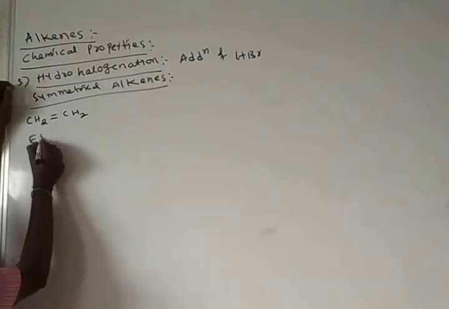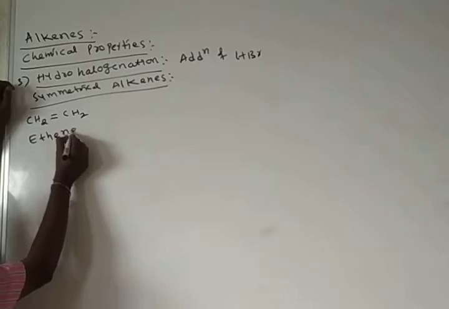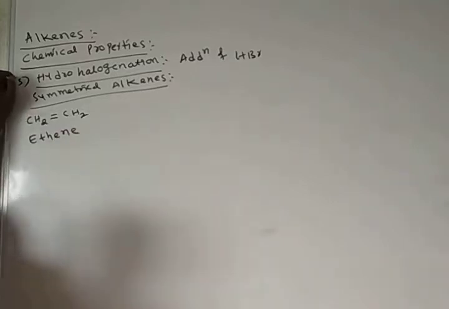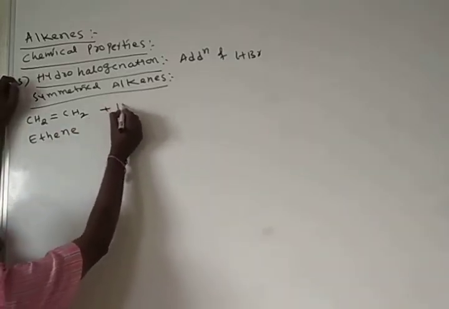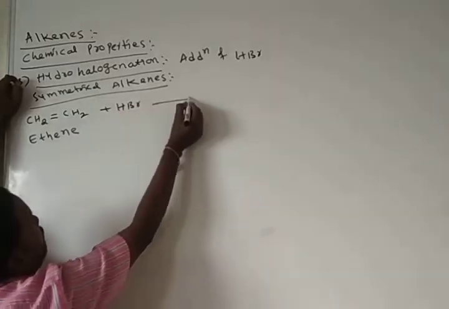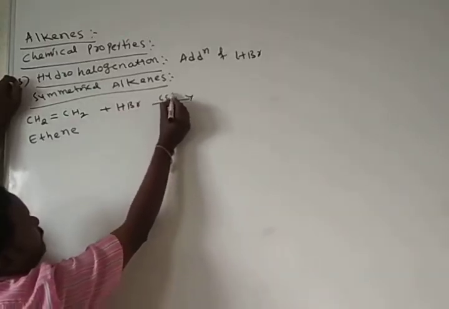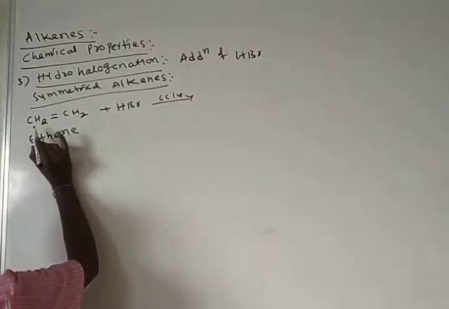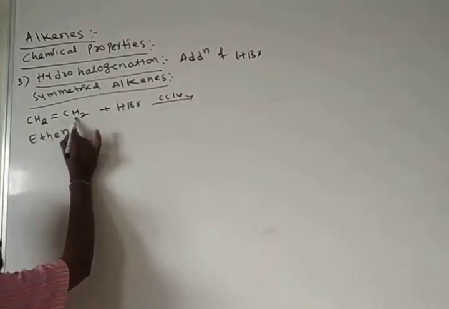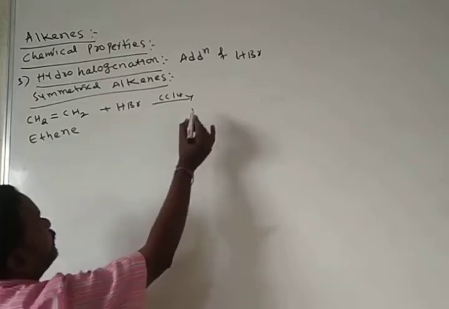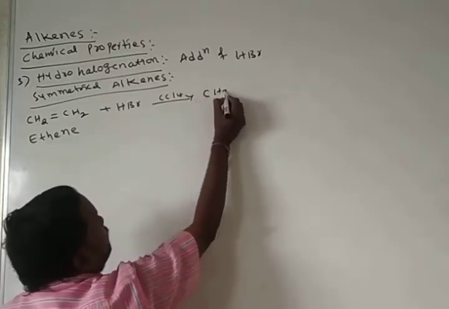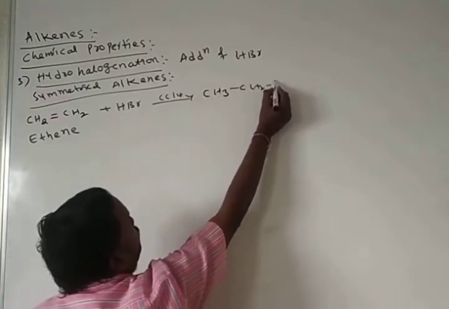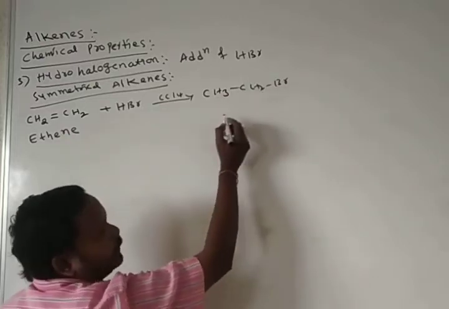The IUPAC name of this molecule is ethene. Add here HBr in the presence of carbon tetrachloride or any other solvent. Hydrogen will add here and bromine will add here. What will you get here? CH3CH2Br. Only one compound forms.